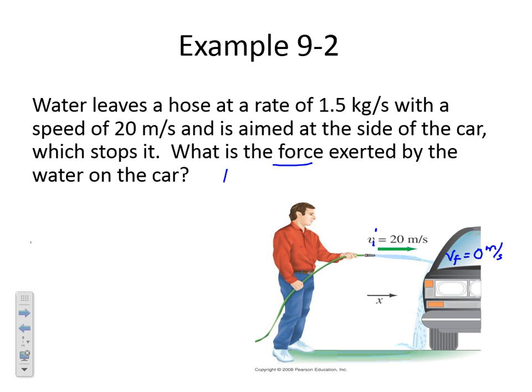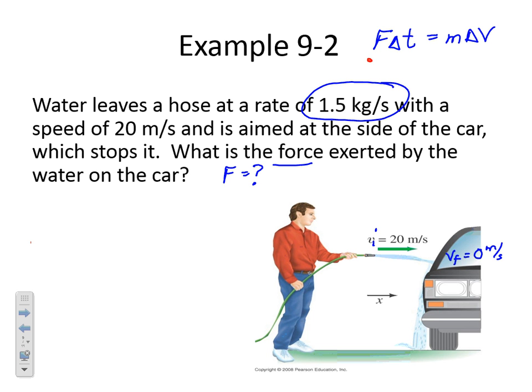So again, we want to solve for F. Now notice we don't have a time, but we have a rate at which the water leaves the hose. So we know our basic equation is F delta t equals m delta v, and we're solving for our force.